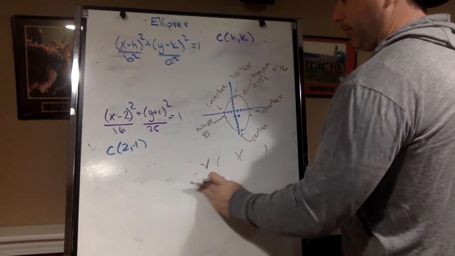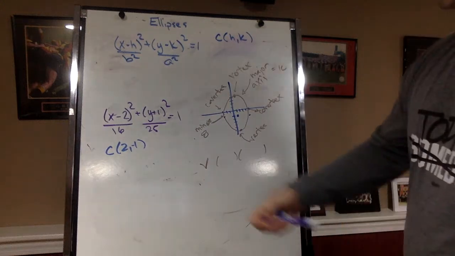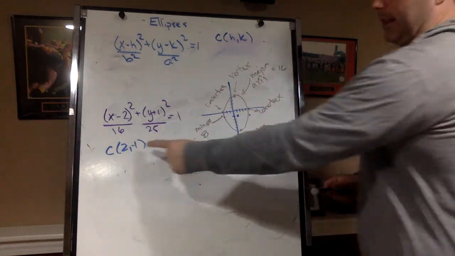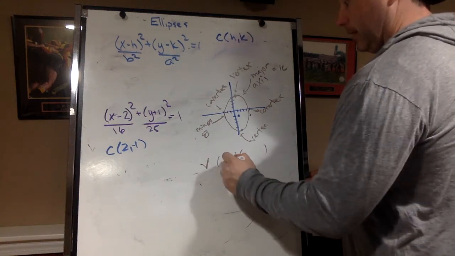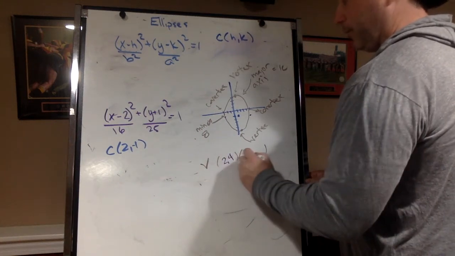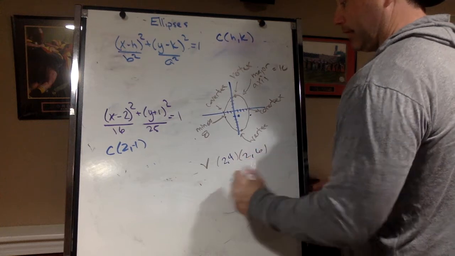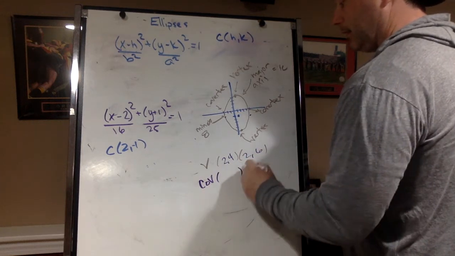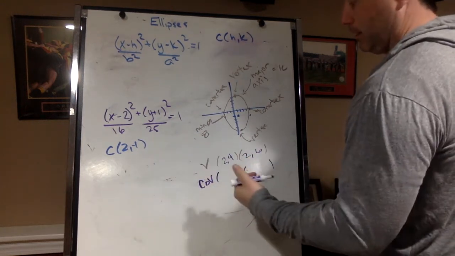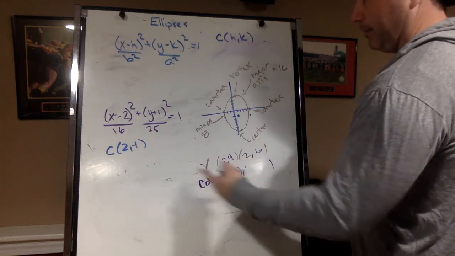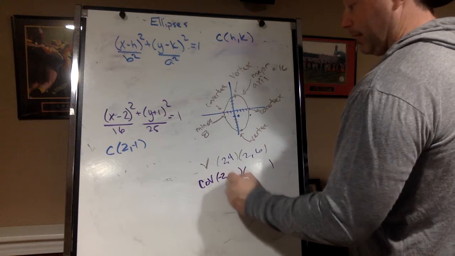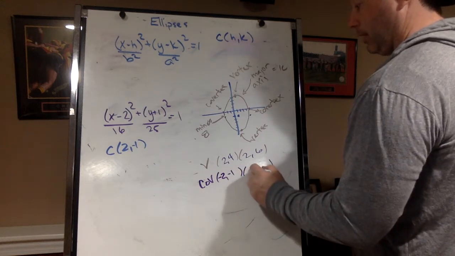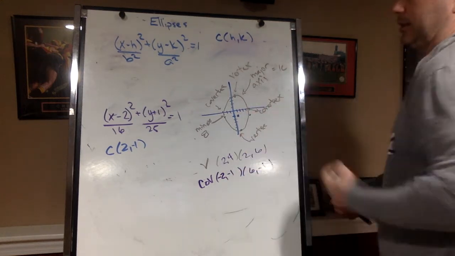I want to label my vertices. I started at center (2, -1), and I went up 5 and down 5. That gives me (2, 4) and (2, -6). My co-vertices, I started at (2, -1), and I went left 4, so that's (-2, -1), and right 4, (6, -1). And I could just count them.